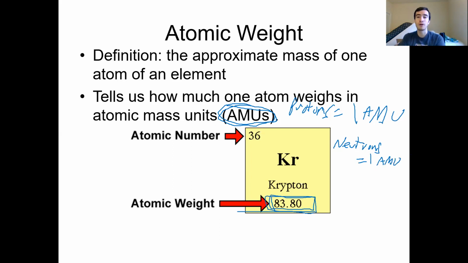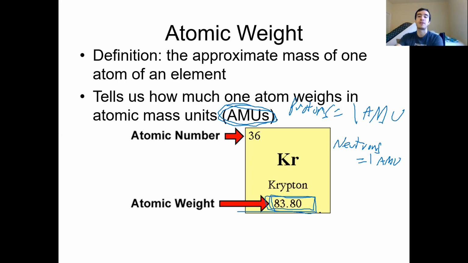Like I mentioned before, if we add up the protons and the neutrons, we should be able to get our atomic weight. Usually it'll be a whole number with a little decimal, like 83.8, 12.99, 15.966, something like that. That's because when scientists really go to weigh these, they use super technical and precise measurements of weight.